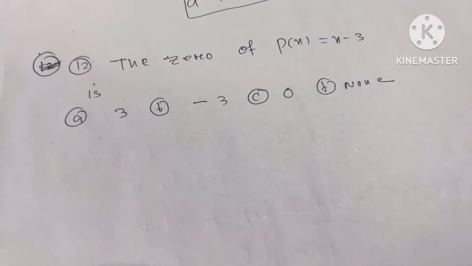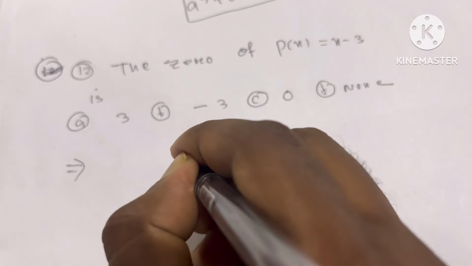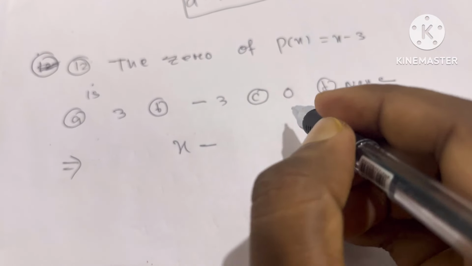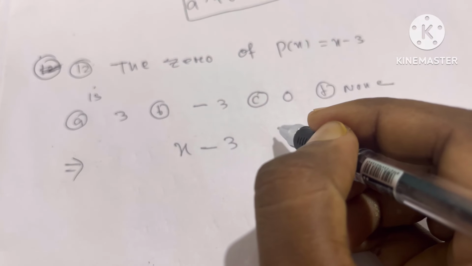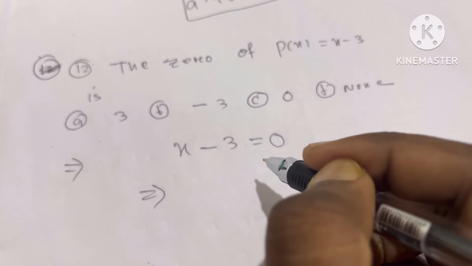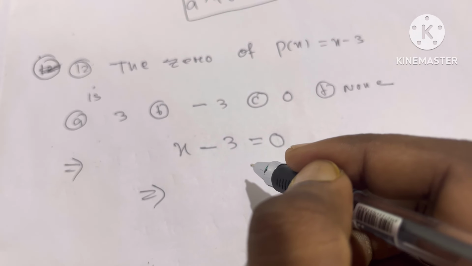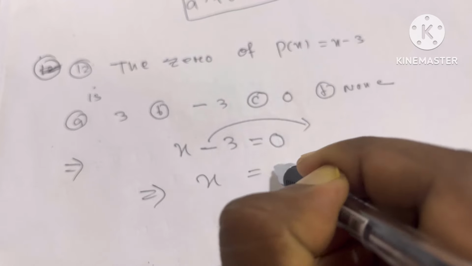The zero of p(x) is equal to x minus 3: A is 3, B is minus 3, C is 0 and D none. How will we find the zero of p(x)? First we have to consider p(x) is equal to 0. That means x minus 3 is equal to 0. From this we can find the value of x. If you transpose 3 to the right hand side, the value of x will be 3.